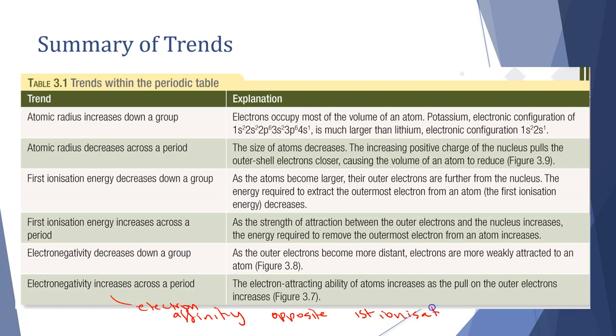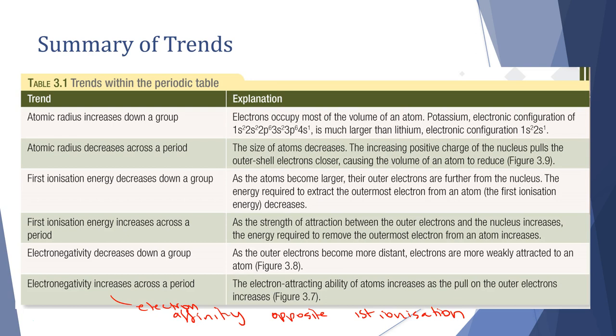We said that the first ionization energy is the energy required to remove an electron. Electron affinity is the energy you get back when you place an electron in. Electron affinity is usually an exothermic process for things with a high core charge.